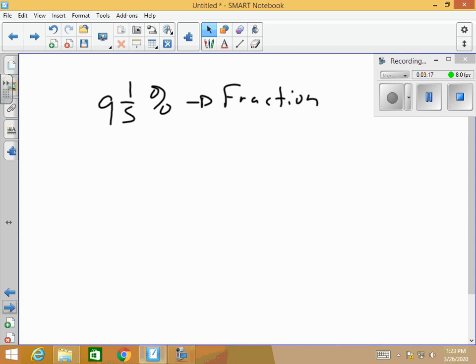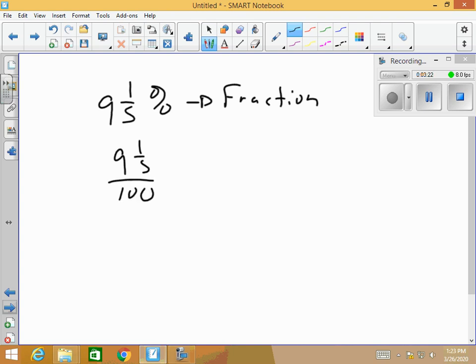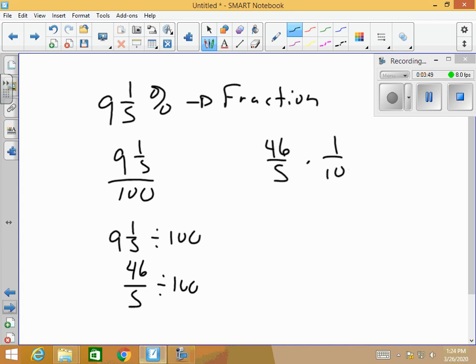But if we keep doing it the way we know how and just take 9 1/5 and divide it by 100, now all of a sudden we've got a fraction divided by 100. Now we know we can't do that as is. It's got to change into an improper fraction. And now we copy dot flip, which is 46/5 copy dot, and 100 reciprocates to 1/100.